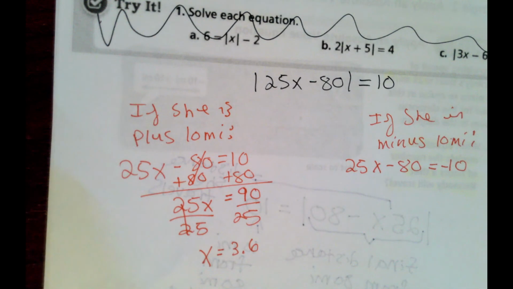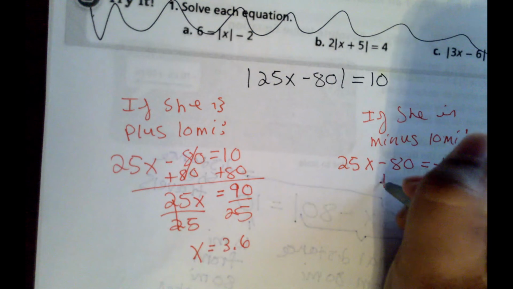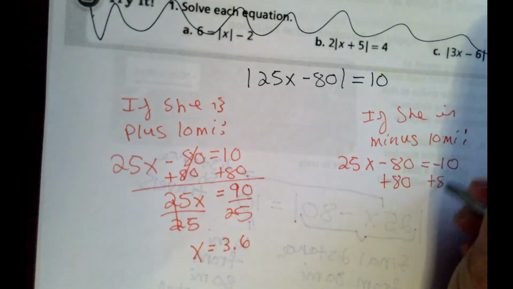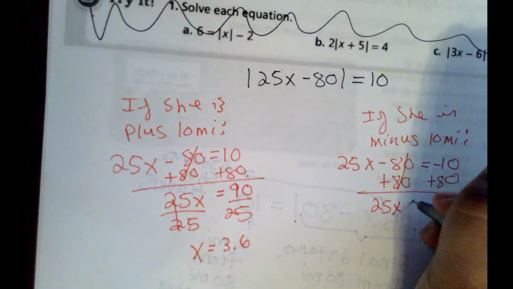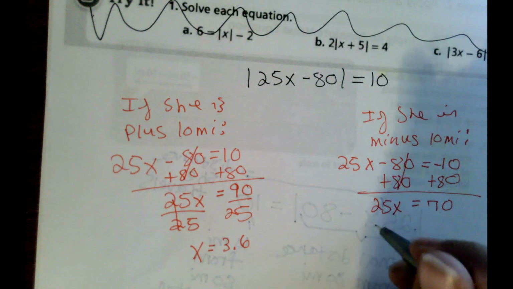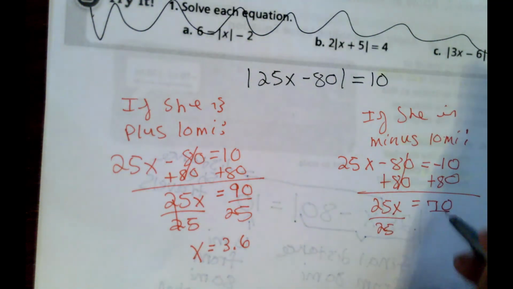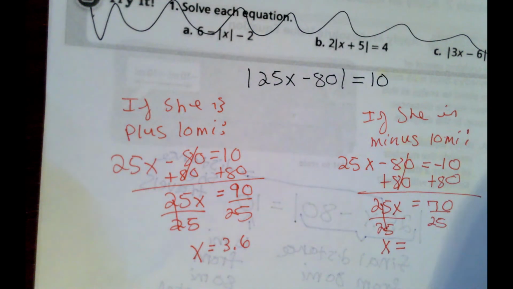Okay. Welcome, PJ. So now we're going to add 80 on the other side. But this time, we're going to get 25x is equal to 70 because our 10 was negative. We're going to divide by 25 on both sides and get x is equal to 2.8.